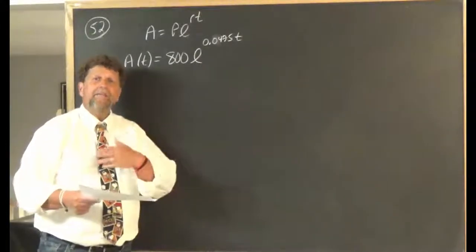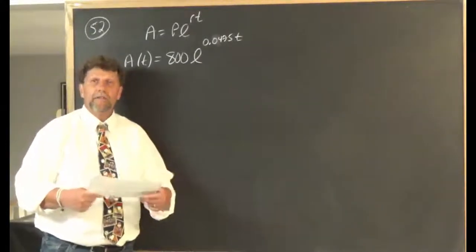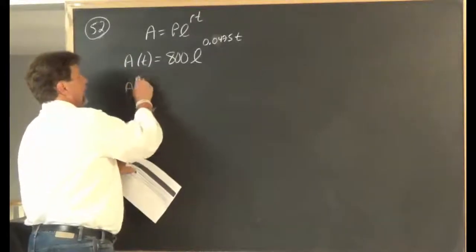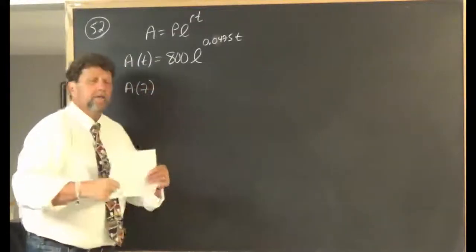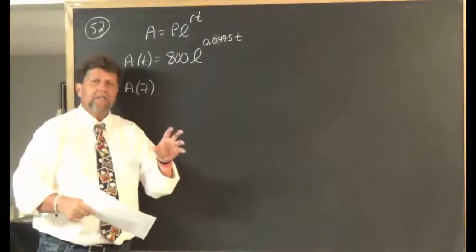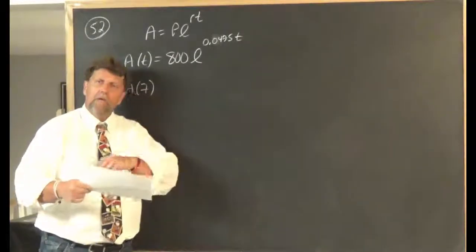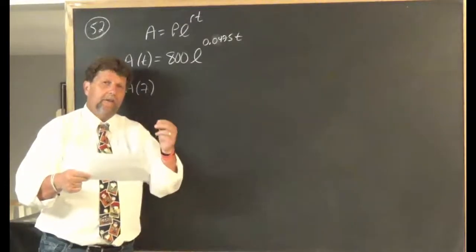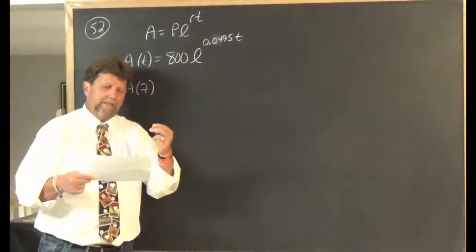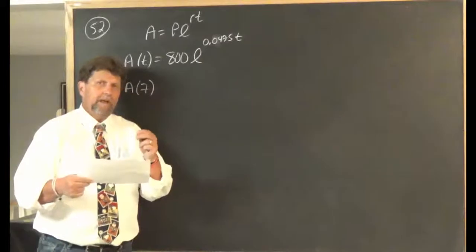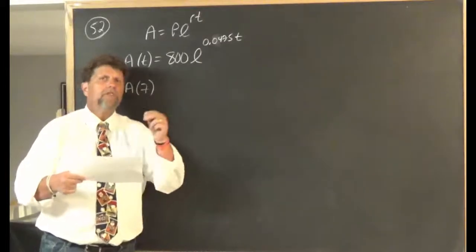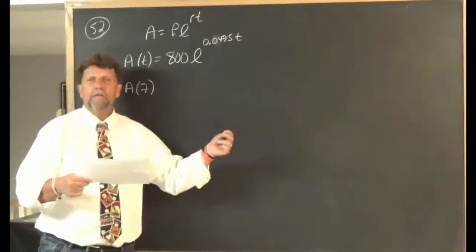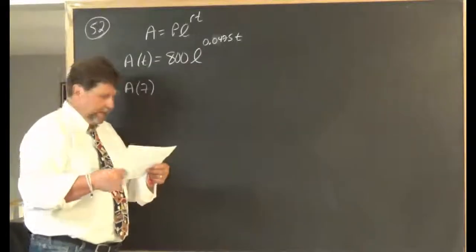So when it says evaluate A of 7 and interpret, that's just the final bit of information. You're being told T has a value of 7 for 7 years. So this problem could be reworded as $800 is invested at 4.75% interest compounded continuously. How much is in the account in 7 years? That's what we're doing here.